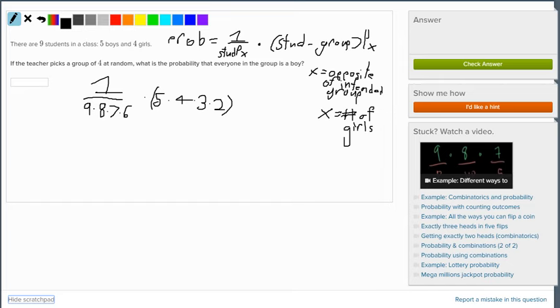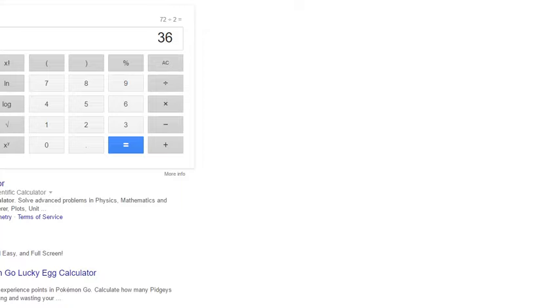Now we just simplify it. So I have Google Calculator here, and 9 times 8 times 7 times 6 is 3,024.